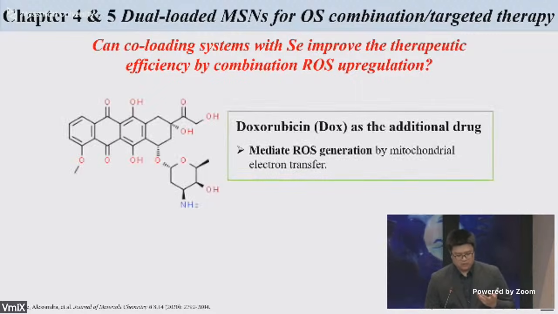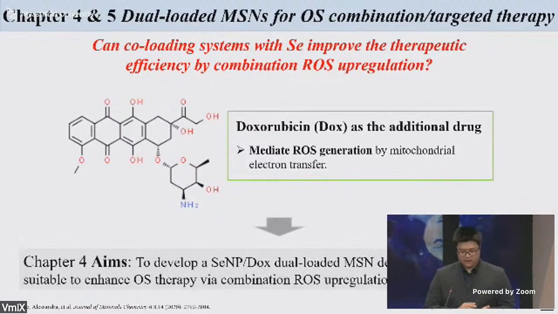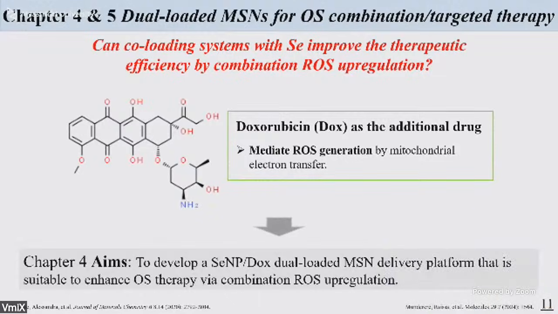Recently, we found that the traditional anti-cancer drug, doxorubicin, was reported to mediate ROS generation by transferring mitochondrial electrons. So in Chapter 4, we aim to develop a selenium nanoparticle and dox-loaded MSN delivery nanoparticle that is suitable to enhance osteosarcoma therapy by combination ROS upregulation.